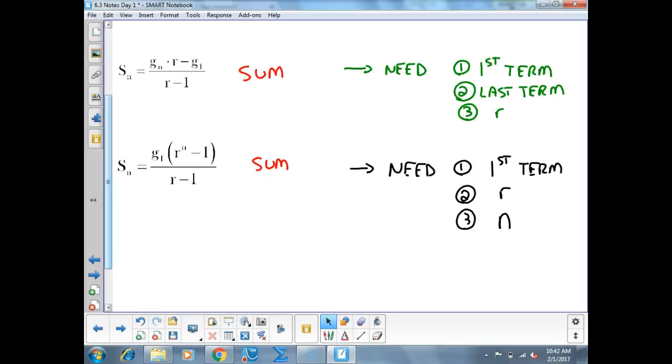And really, the only knowledge that I can impart on you is that it really depends what you're given in the problem as to which one to use. That's really the only difference. Do I prefer the top one over the bottom one? No. I don't really care.